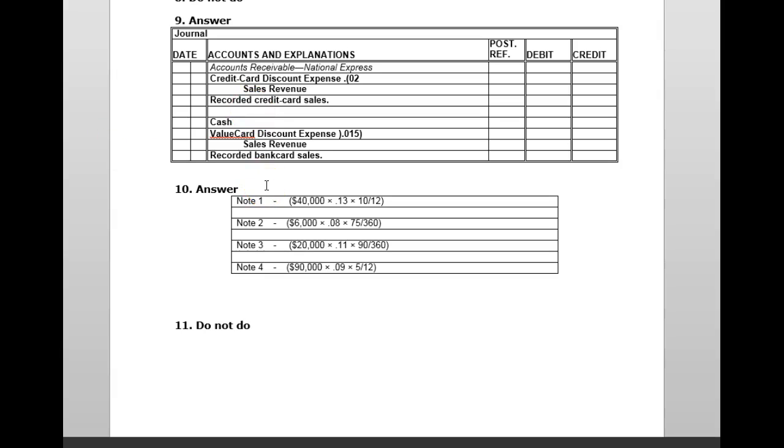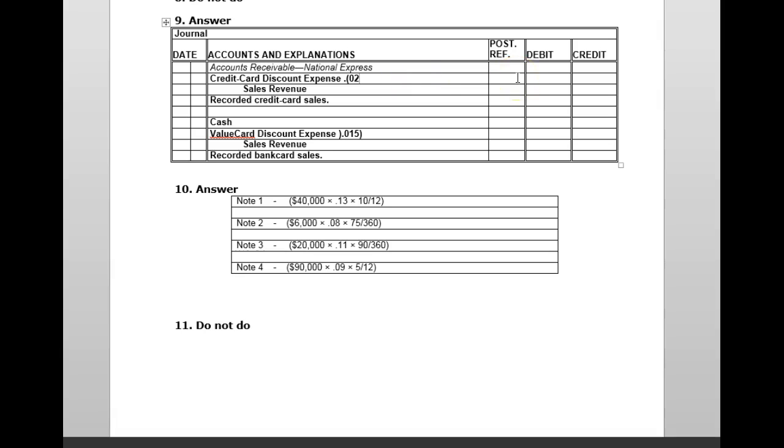So what you'll want to do is find, it gives you the amounts. The first one has an accounts receivable, and it's actually going to show a credit card expense here.